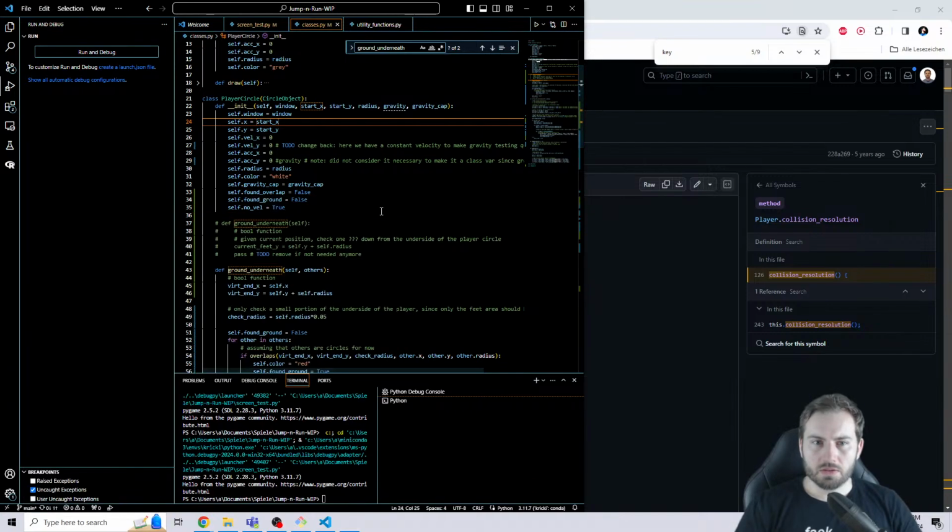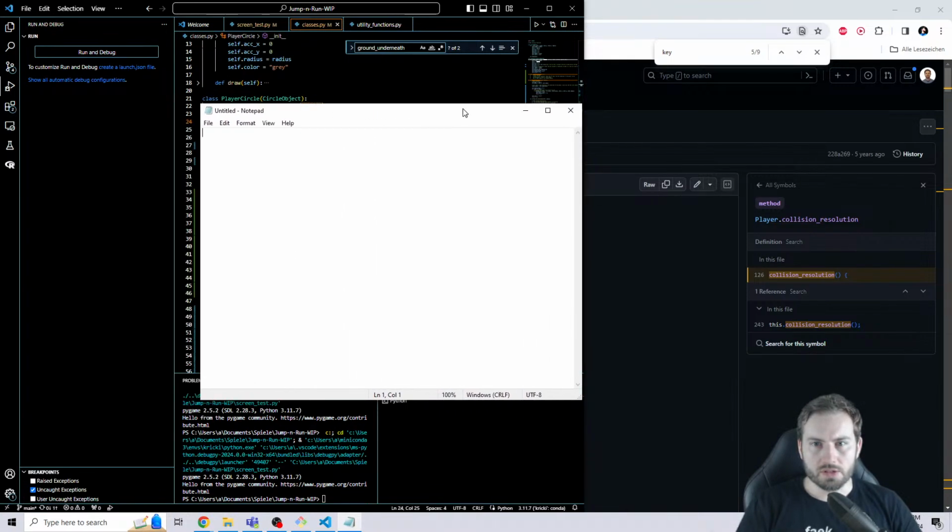So let's get a notepad for extended cognition. We have key press should affect velocity. I mean, isn't it adding to the velocity somehow?